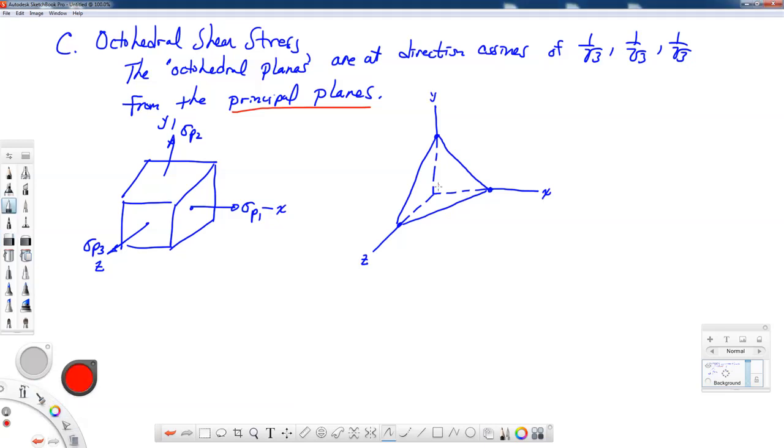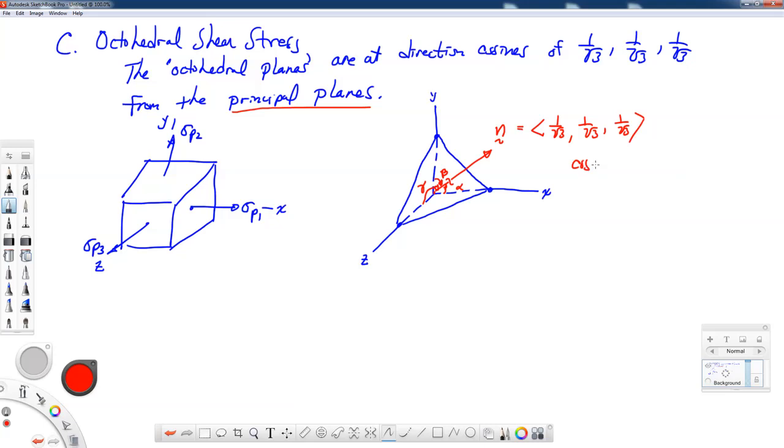And maybe in red, I will show this unit normal bursting through in this direction. And these are the direction cosines, which can be interpreted based on the cosines of the angles from the x, y, and z directions, alpha, beta, and gamma.